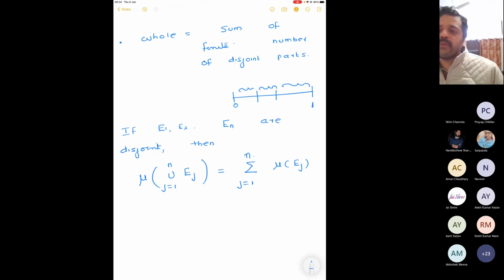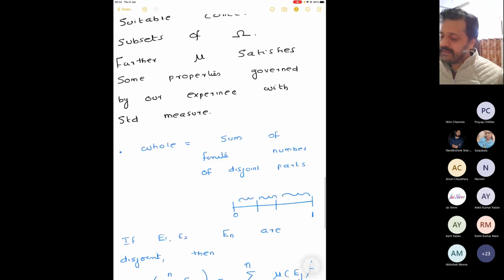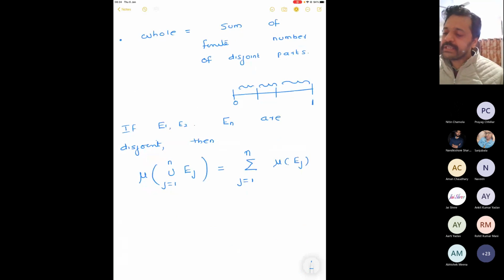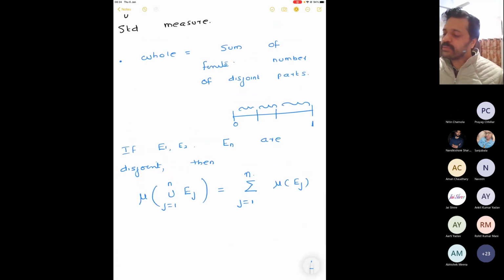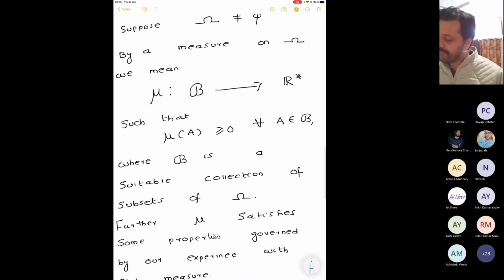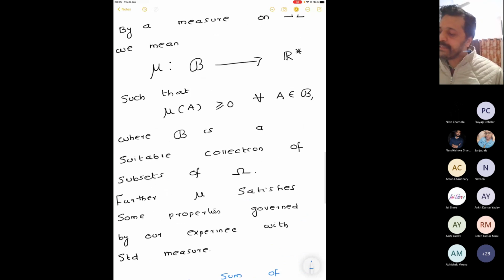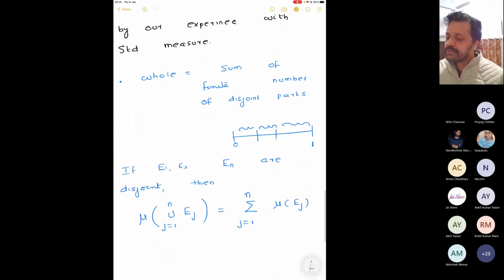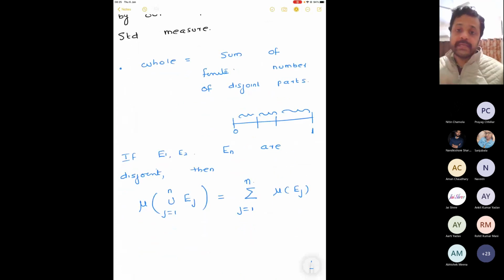But if you closely watch, this demands something on B, the collection of sets. Suppose I can measure E1, E2, etc., En. That means E1, E2, E3, etc., En are in B, because mu is defined from B to R star. So if E1, E2, E3, etc., En are in B, I want to talk about mu of their union.